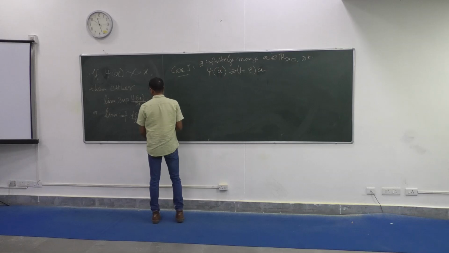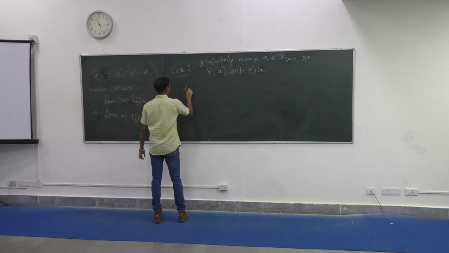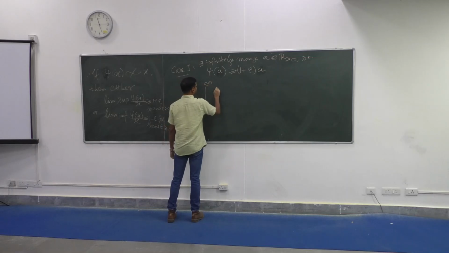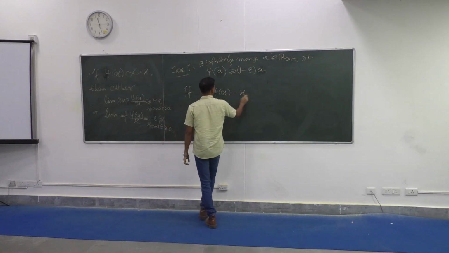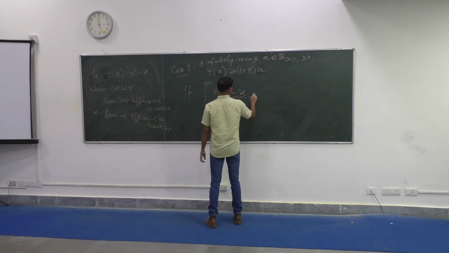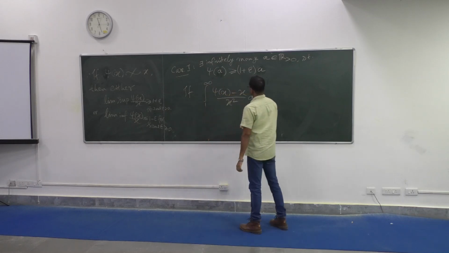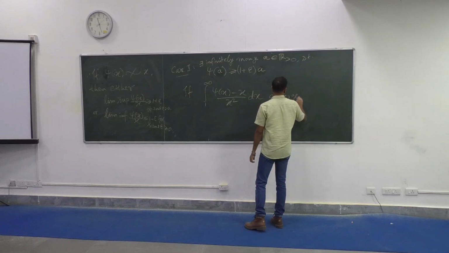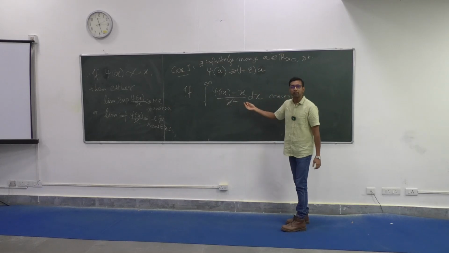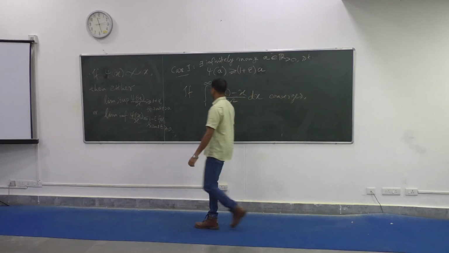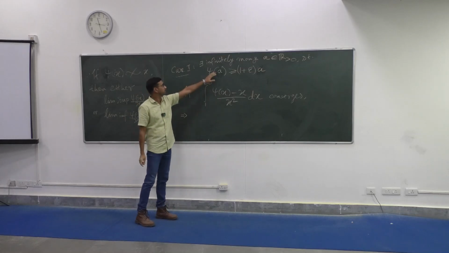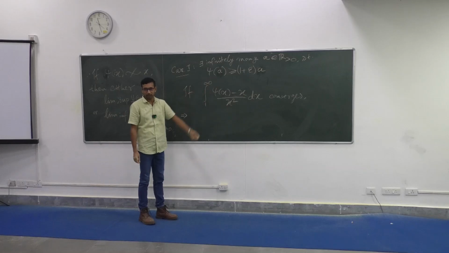Now note that if this integral converges, that would imply its tail part goes to 0. So you can take a sufficiently large.